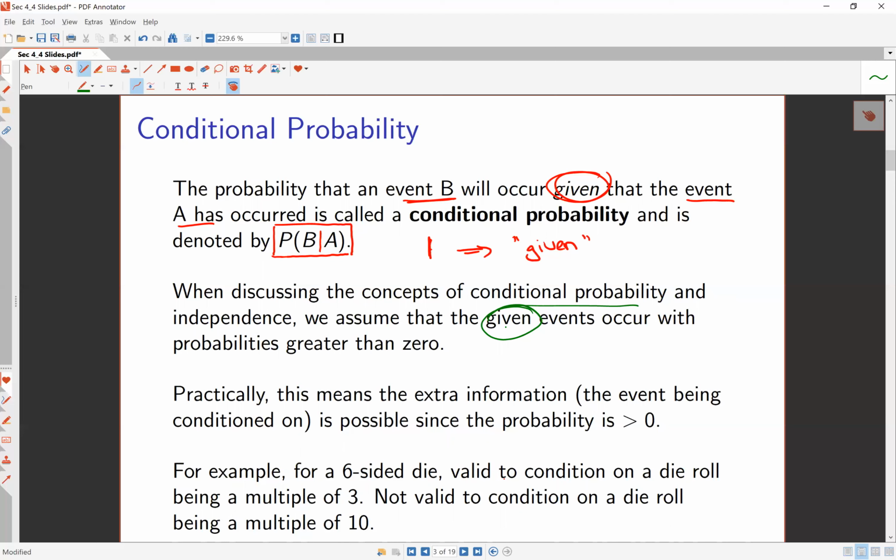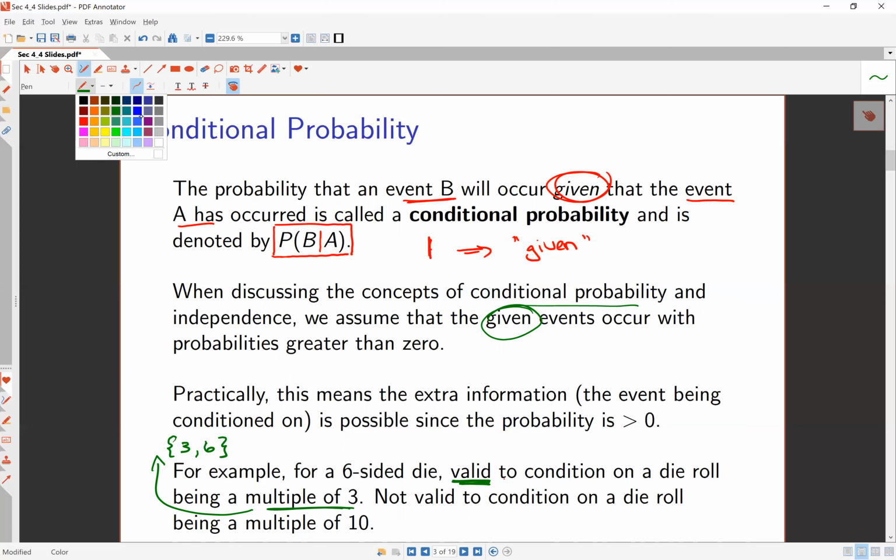Say I'm rolling a standard 6-sided die. It would be valid to condition on saying the die roll was a multiple of 3. If I say it's a multiple of 3, the possible outcomes are 3 and 6, right? Therefore, that has to be valid because I can write down a set of outcomes corresponding to what I'm conditioning on.